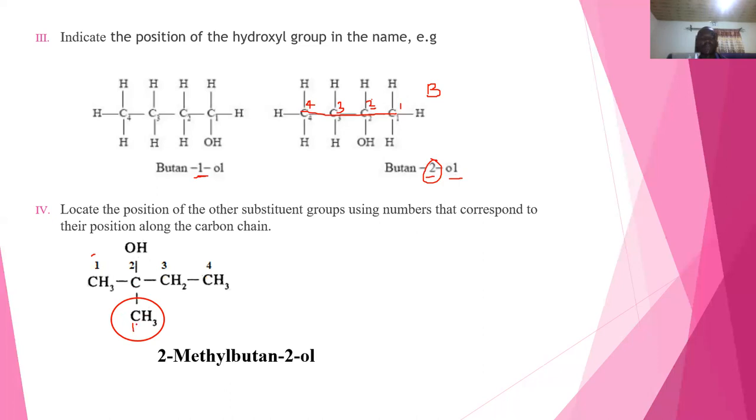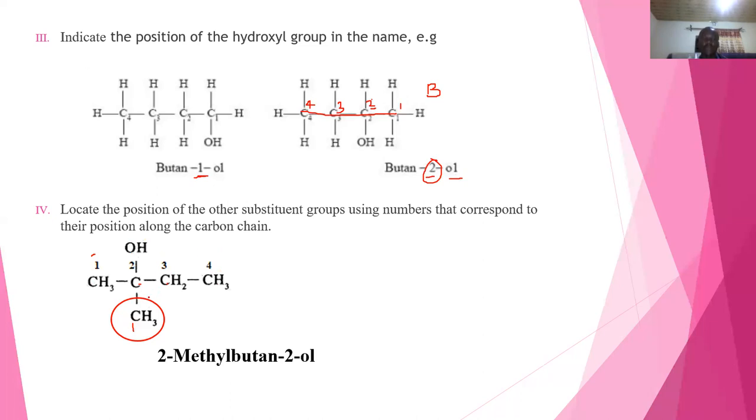There is no harm, because whichever side you begin from, it will be 1, 2, 3, 4. But if you begin from this side, it will be 1, 2, 3, so the hydroxyl is on carbon number 3, which is now wrong.